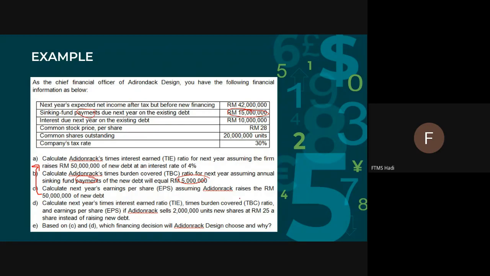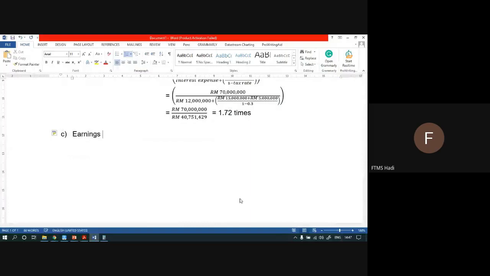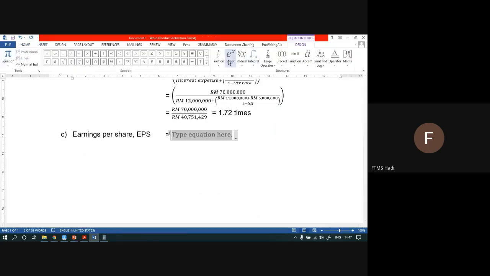So EPS, the formula will be EBIT minus interest, and then multiply by 1 minus tax rate, divided by number of shares outstanding.